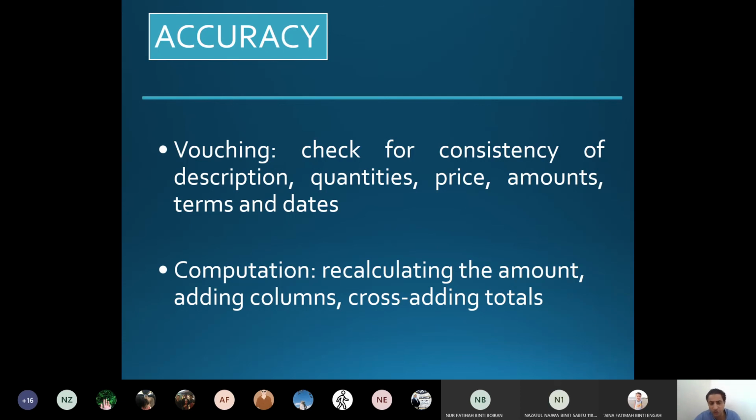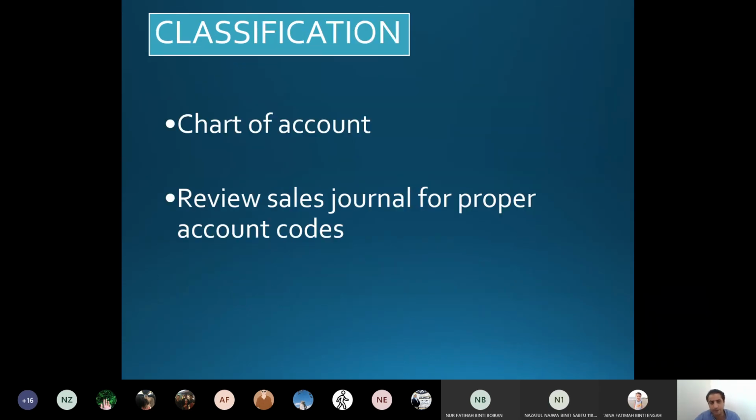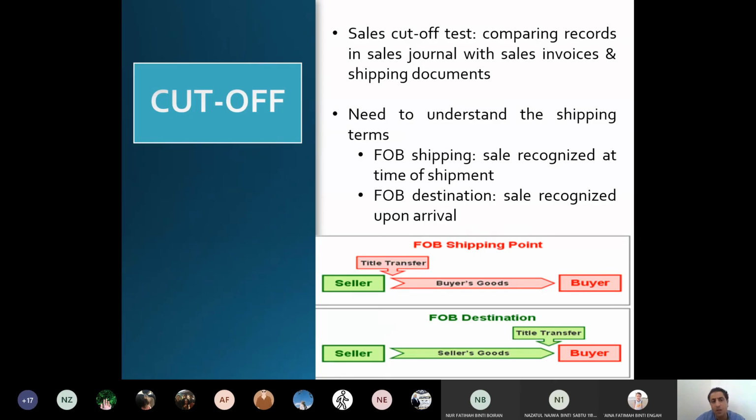We recalculate and check the accuracy of the record based on the invoice and the list. Then classification. For classification, we need to check the accounting manuals, whether they have a chart of accounts. We check the classifications of the accounts, and then we review the sales journal for proper account codes, whether they have an accurate record of transactions based on the classification.